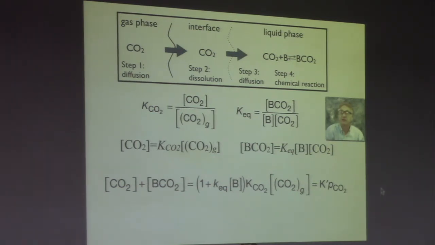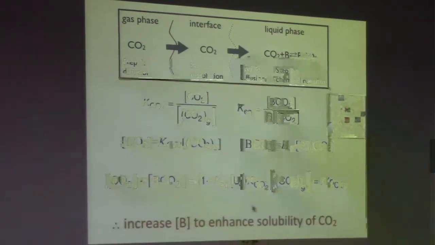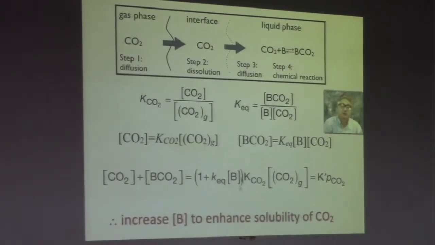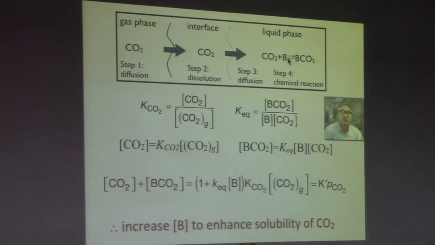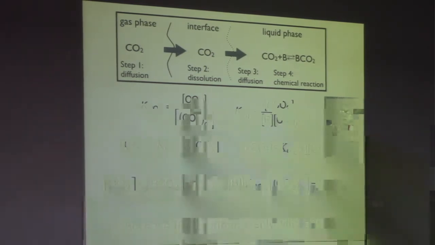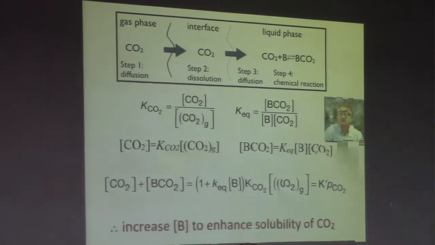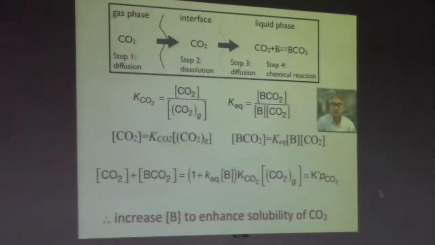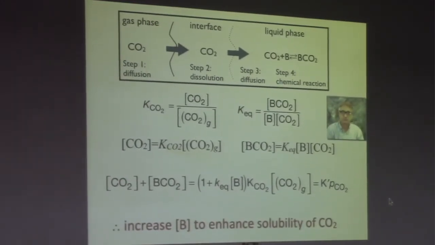And that modified Henry's coefficient is divided by the concentration of component B in this chemical equilibrium. In other words, if I increase B, I'll enhance the solubility of CO2 in the liquid phase, and thus am able to remove more CO2. This is a strategy used in the design of many absorption columns.